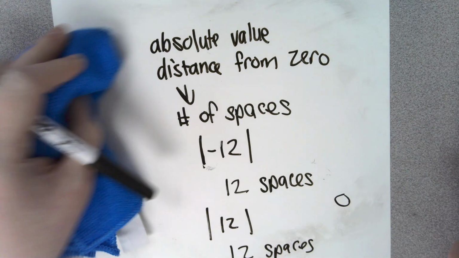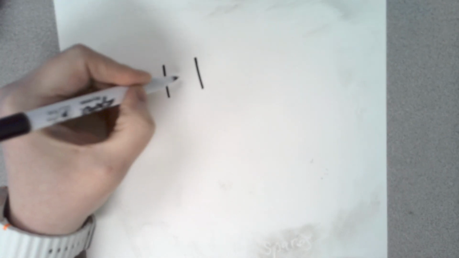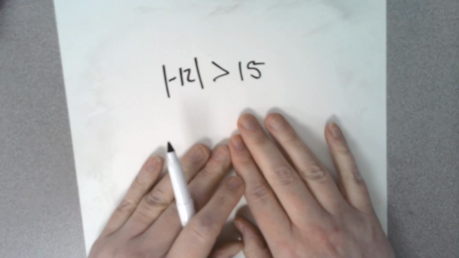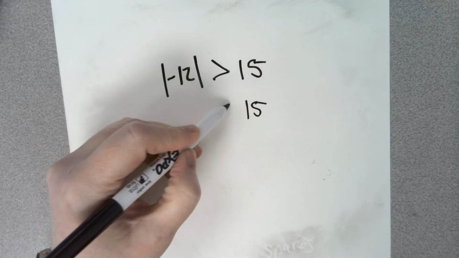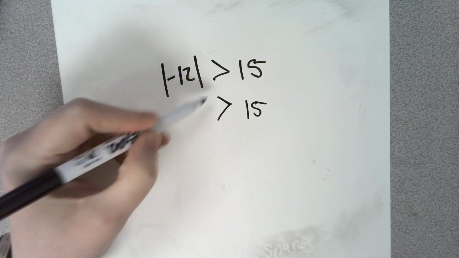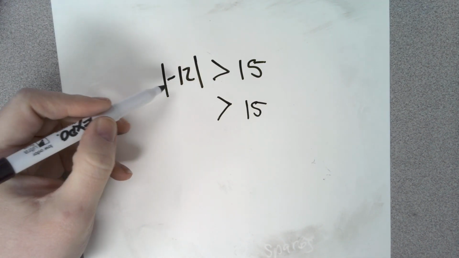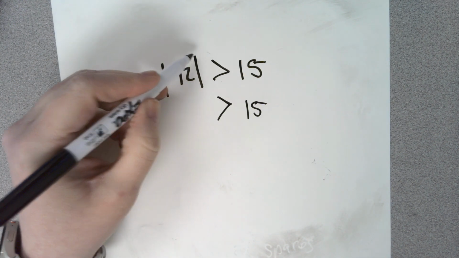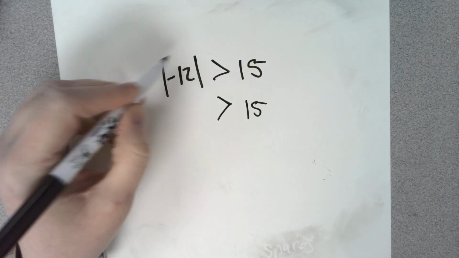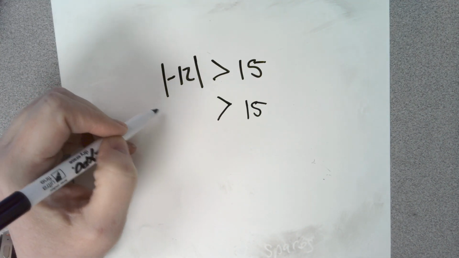Okay? So if you were to see an expression, absolute value of negative 12 is greater than 15. You have to put true or false. Well, okay, so we know this is 15 spaces, right? This guy says negative 12, but what it wants to know is the number of spaces, because you got these little bar guys here. So you think of them like a jailer holding that negative hostage.